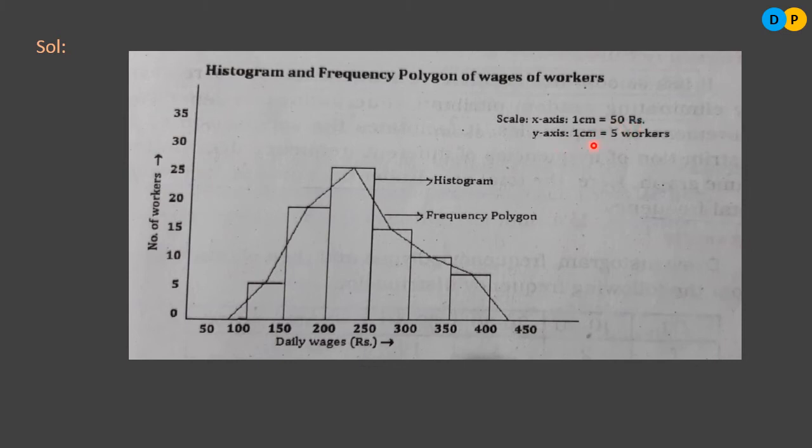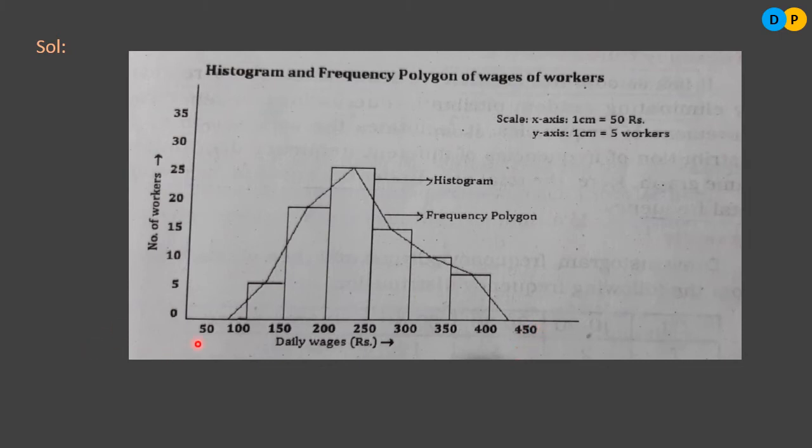On the y-axis, 1 centimeter is equal to 5 workers: 5 workers, 10, 15, 20, 25. Here we have started from 0. So 50 rupees, 100, 150, 200, and it goes up to 450 rupees. Why 450? Because the final limit is 400, that's why I have gone up to 450.